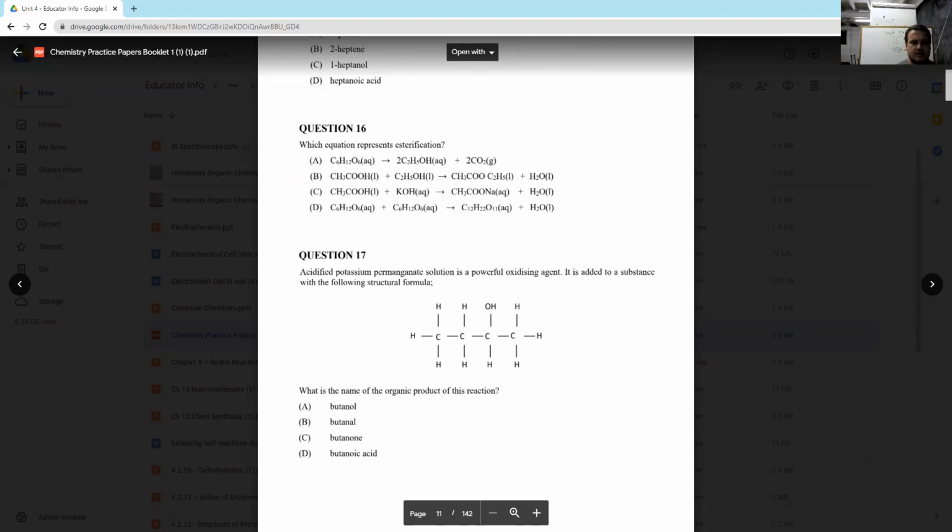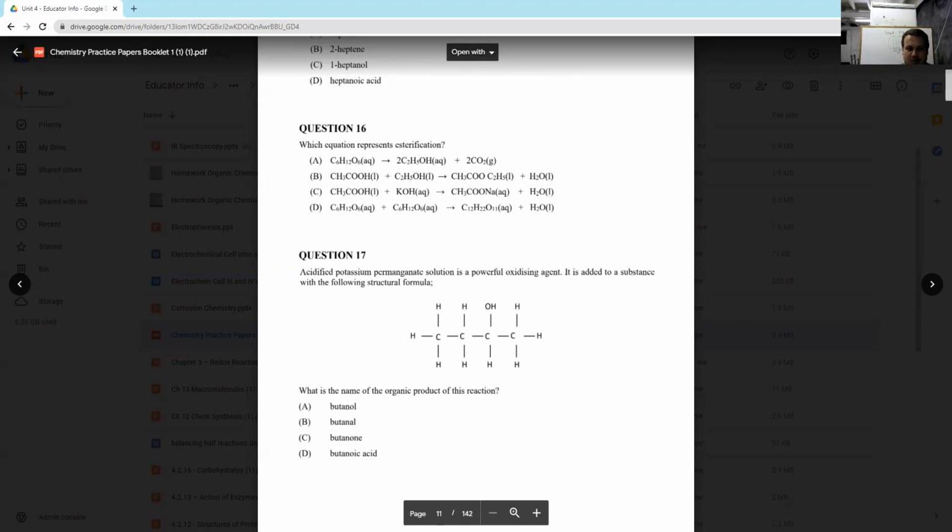Okay, so it's not going to be the first one because that's an alcohol. It's not going to be D because that looks like an alcohol as well, maybe a ketone and aldehyde. It's not going to be C because that's a soap.